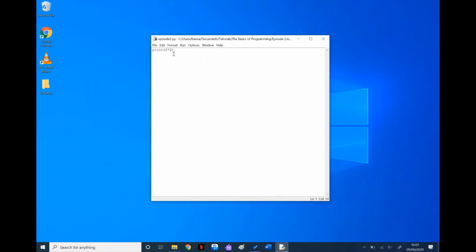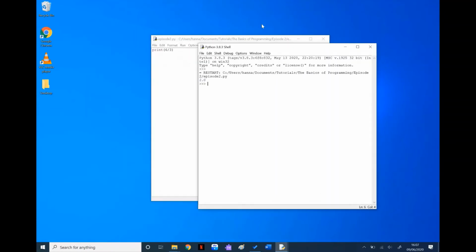In terms of division, we don't use the division symbol. We use a slash. So if I was to do 6 divided by 3, I'd do 6 slash 3. Save that and run it, and I get 2.